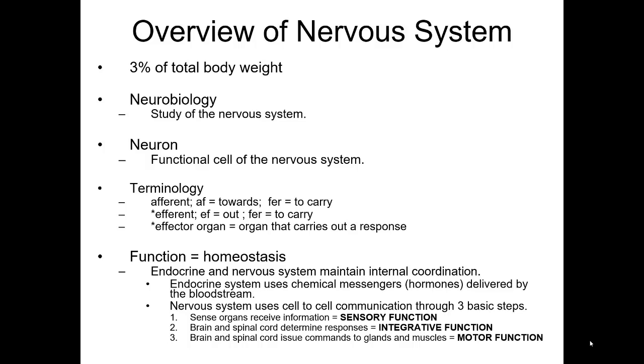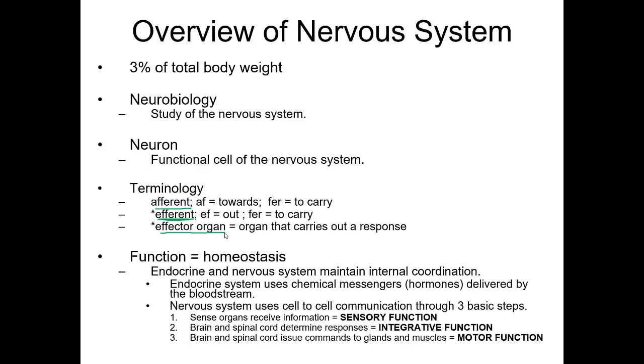Any signal that comes outwards from the central nervous system is called an efferent signal, efferent with an E. Whatever organ carries out the response is referred to as an effector organ. So the effector organ is whatever organ that the efferent signal ends up at.